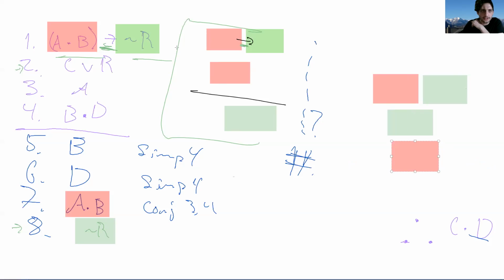So DS works like this. Again, let's forget about all the extra stuff. It says if you have an or statement between two things, and then you've negated one of those things, well, you get to give yourself the other thing.